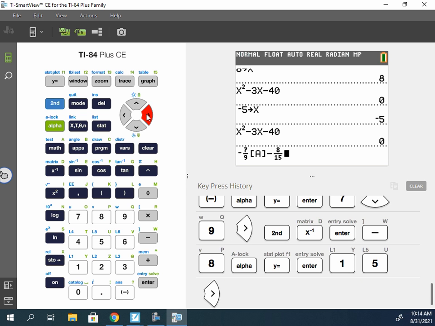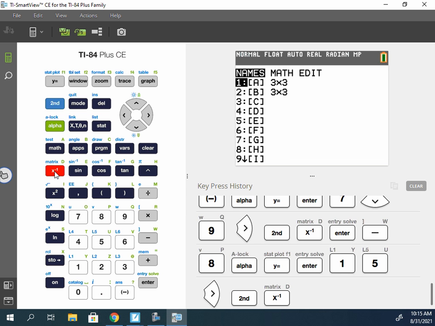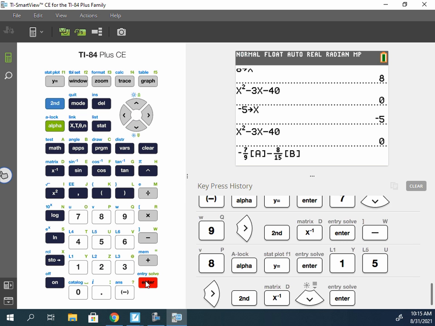And this is being multiplied by what? So I can go second matrix. Now I wouldn't hit enter because that would call up matrix A. I scroll down one and hit enter, and I have matrix B. Yes? Then I'll just hit enter.